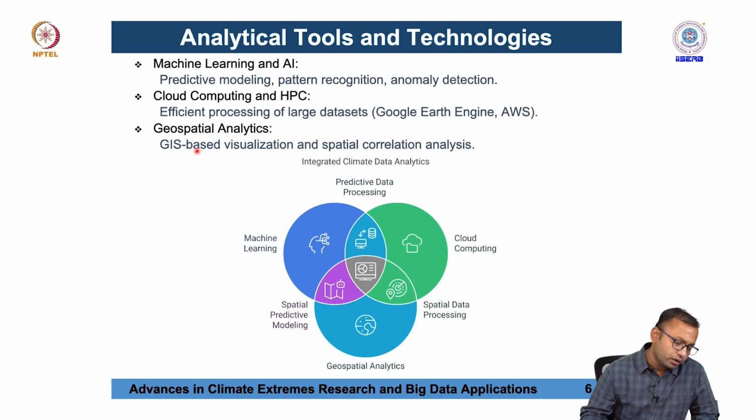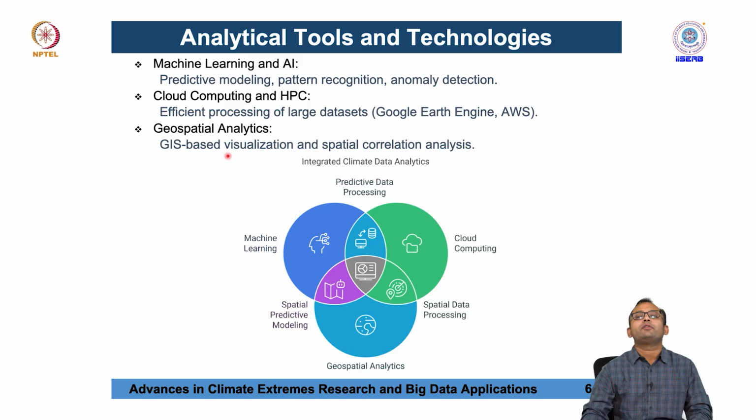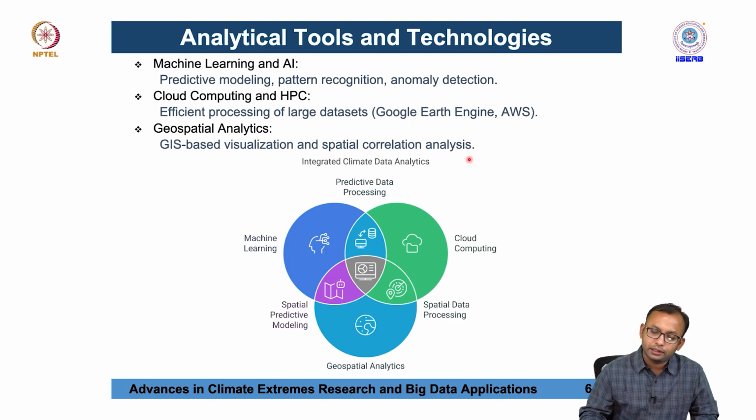Because of access to large global data sets, more efficient programming, cloud computing and geospatial analysis software, it is possible to do very broad scale analysis and do process interpretation, visualization, spatial correlations like that.